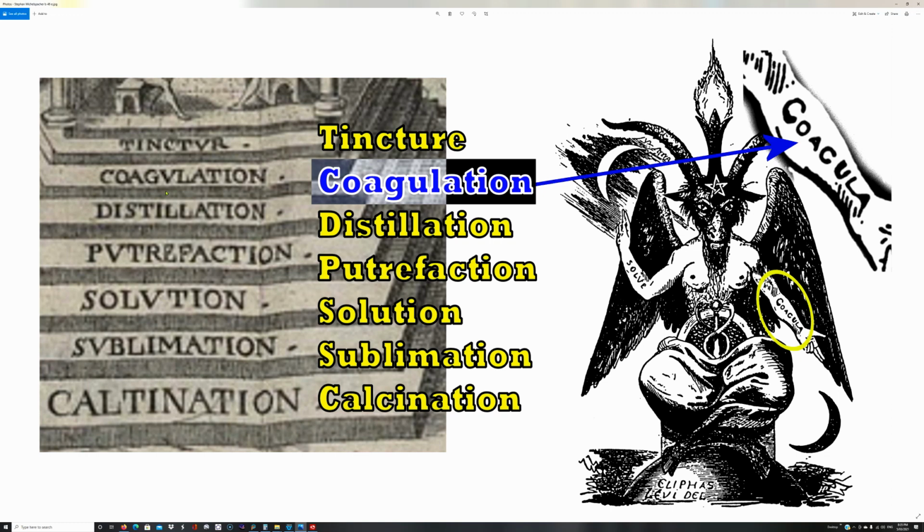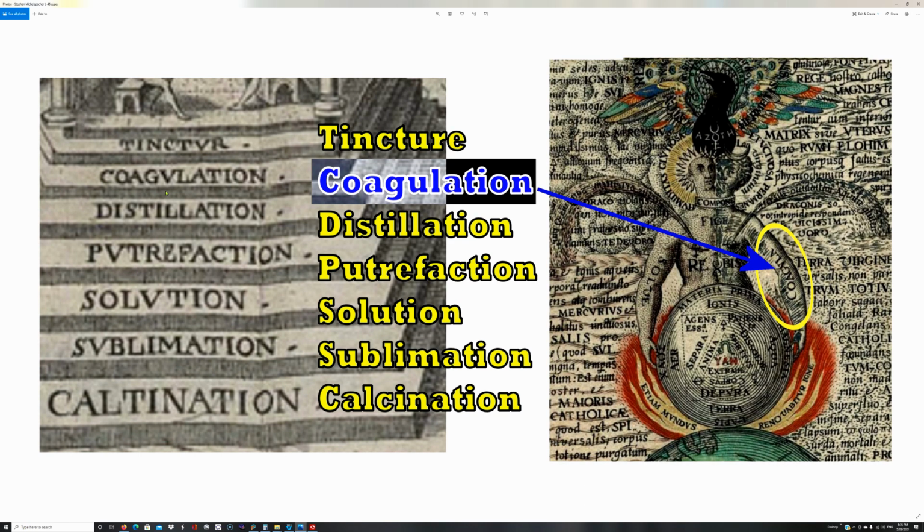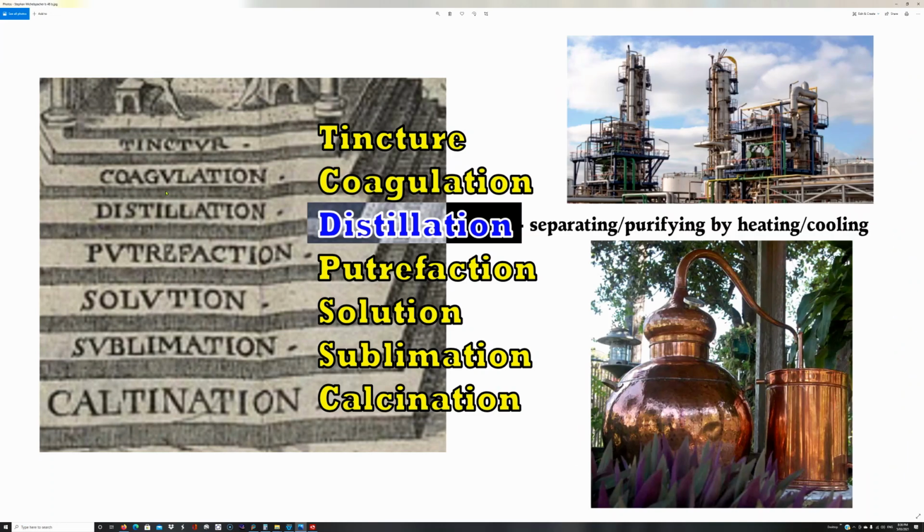coagulate. Now this is a famous image, but what you have on one hand, solve, on the other hand, coagula. And you'll see it in other classical alchemical imagery as well. So one hand has coagula, the other arm has solve, which is solution, solvent.